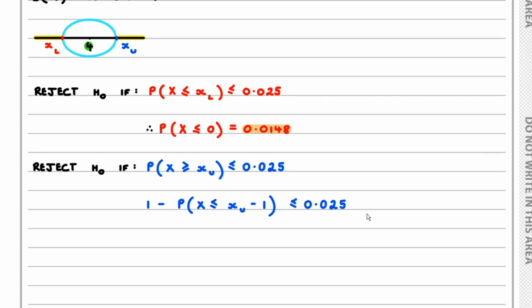Now, if we rearrange this equation, you will find the probability of x being less than or equal to x upper subtract 1 being greater than or equal to 0.975. And what we need to do is use the tables.